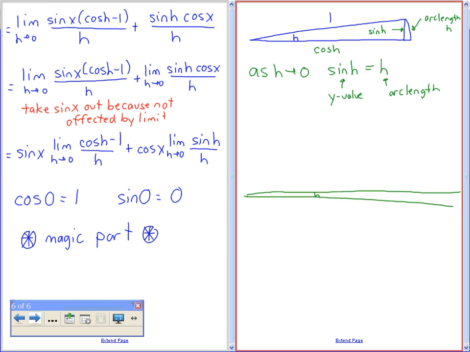All right, so the way this is going to go then, the limit as h approaches 0 of sine h over h is equal to what? What is the limit as h approaches 0 of sine h over h? What's that going to equal? h over h, which is equal to?